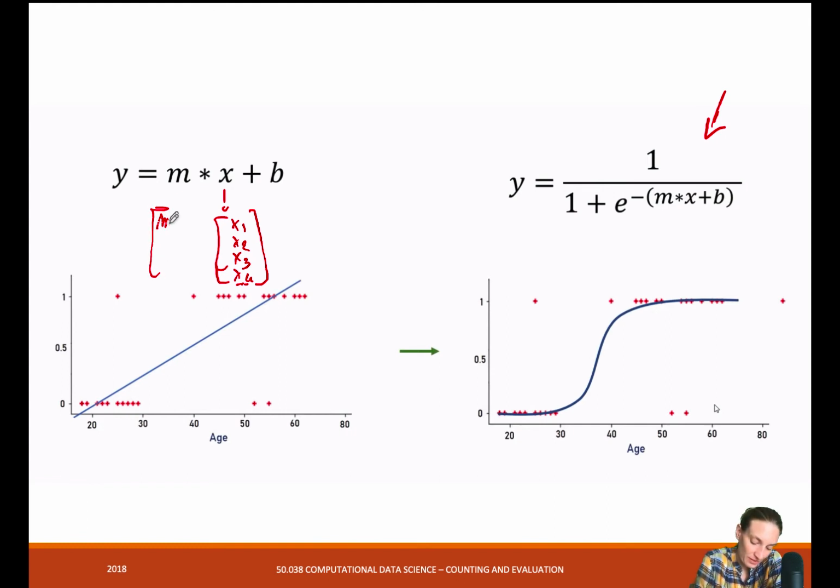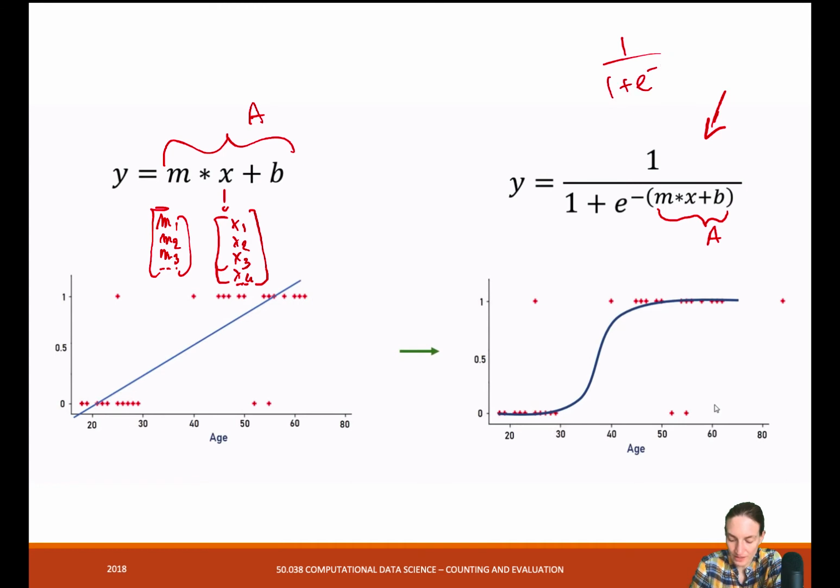We have a coefficient for each of these x's, etc. You've seen this in your statistics class, no doubt. Now this same equation here, let's call it A, is actually inserted here in the logistic function. So it's very easy to memorize. You have 1 over 1 plus e to the minus a. There we go.